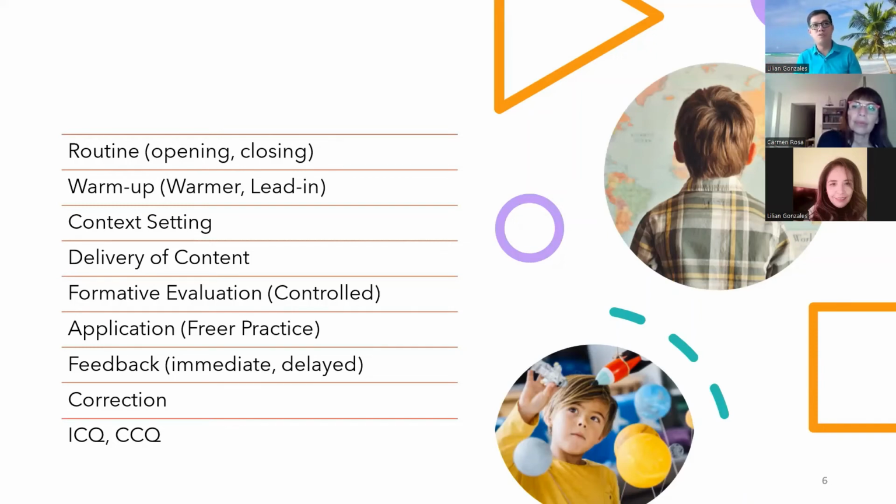Like one of my Japanese students told me, don't interrupt me in the middle of my answer because I cannot continue anymore. I forgot all of a sudden what I have to say. So I am careful with that. With kids and teens, they don't care. So feedback, immediate and delayed. When it comes to correction, by the way, what's the difference between feedback and correction?